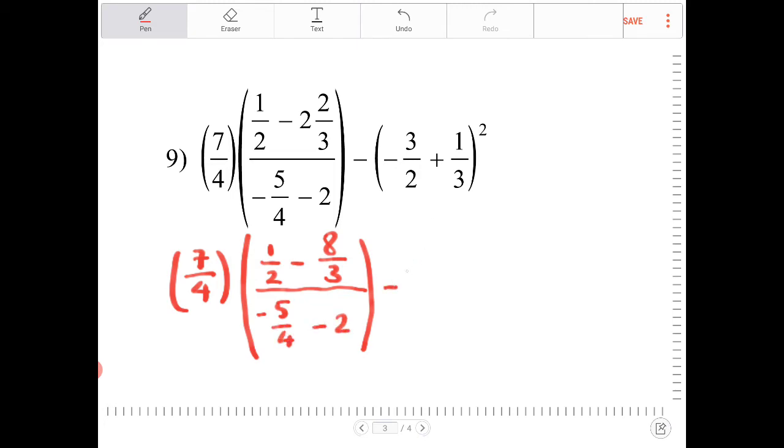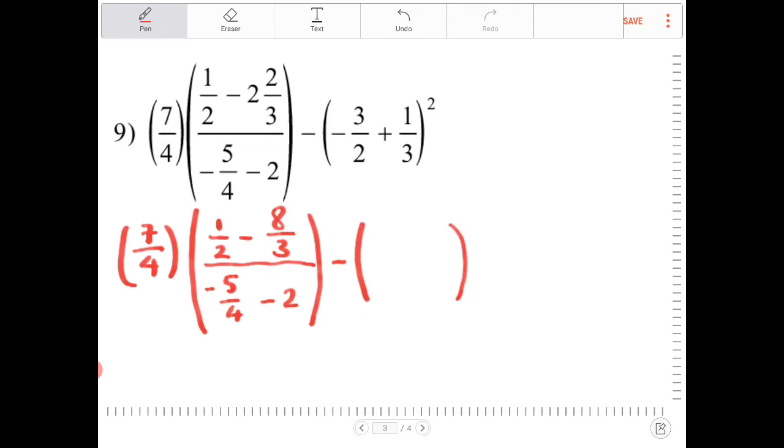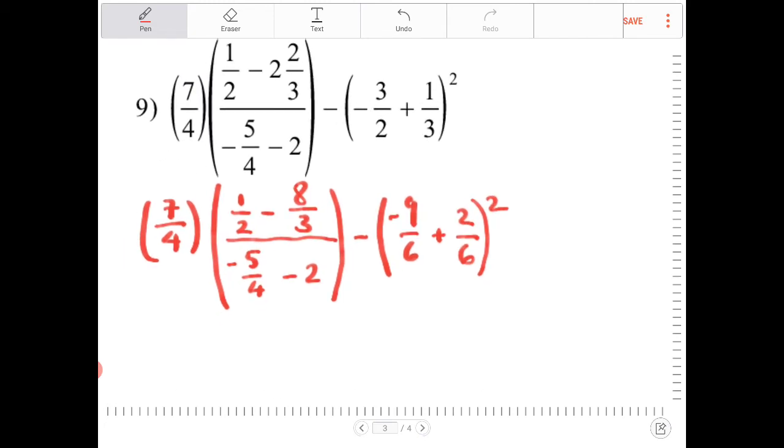And over here, I am going to add the two fractions by creating a common denominator. So I end up with negative 9/6, because I multiply top and bottom by 3, plus 2/6, because I multiply the second fraction by 2, quantity squared.